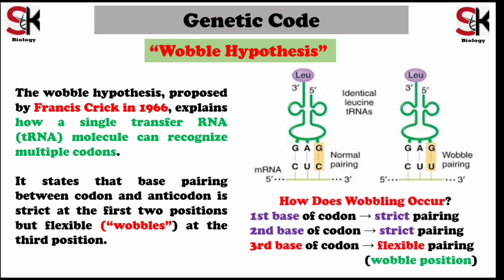So the 1st and 2nd nucleotides base pair by strict pairing, but the third nucleotide shows flexible pairing, that is pairing at the Wobble position. Due to this property of the Wobble position, a single tRNA can recognize multiple codons of one amino acid. So, to code 20 amino acids, the genetic code has about 3 times as many codons, that is 61 codons. This is all about the genetic code and its properties.